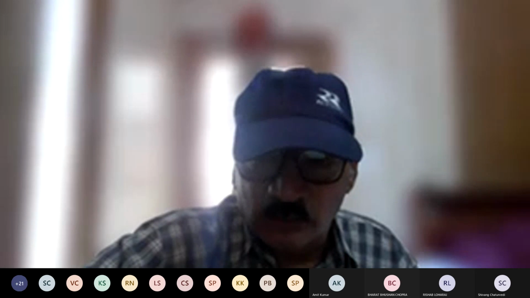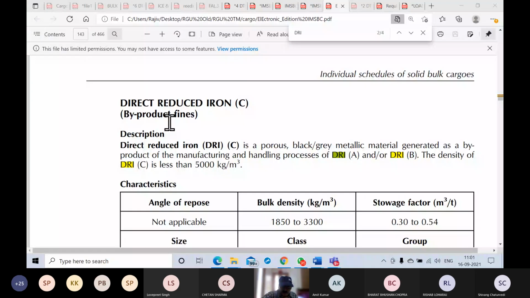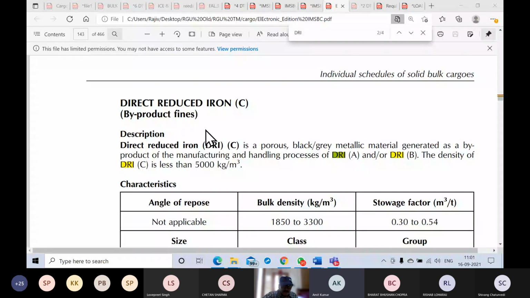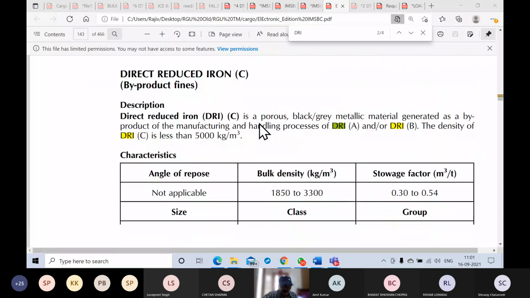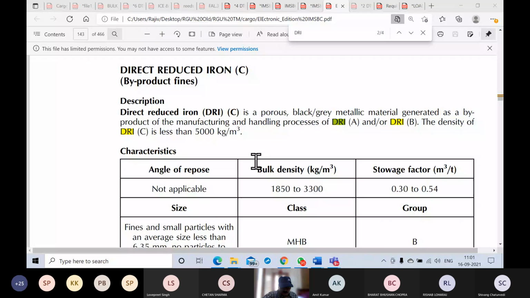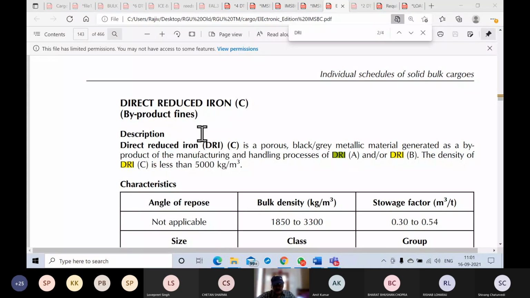देखो मैंने ये खोला है, आपको दूसरी जो कार्गो हम कर चुके हैं, इस कार्गो वर्क हमने DRI किया था. So DRI also has three categories. We are looking at DRI C, byproduct fines. We will have DRI B and then DRI A also. But this is the individual schedule if you are loading DRI C, byproduct fines.